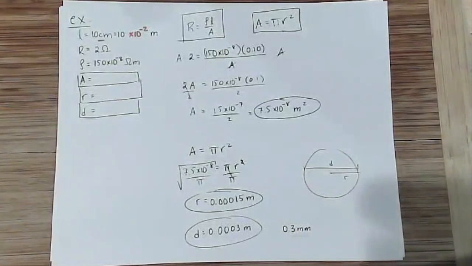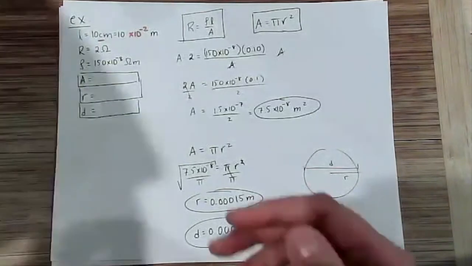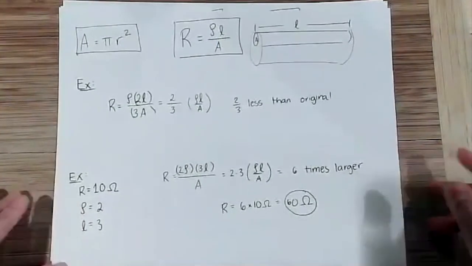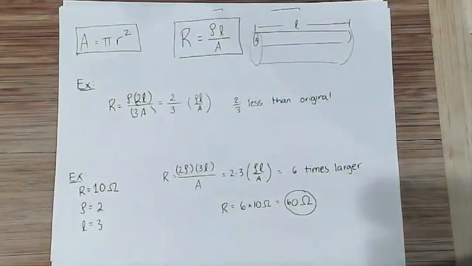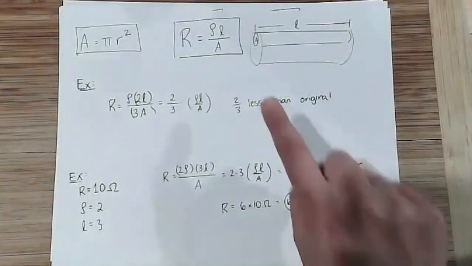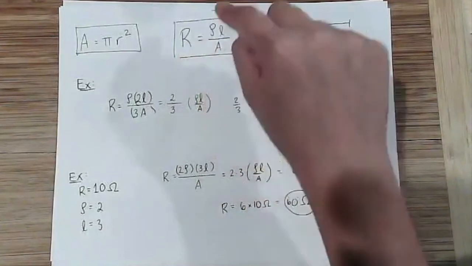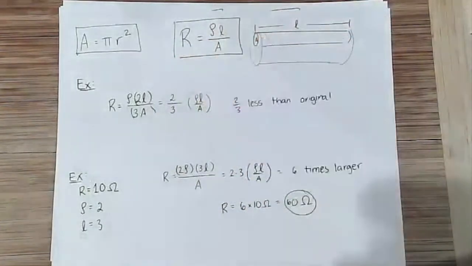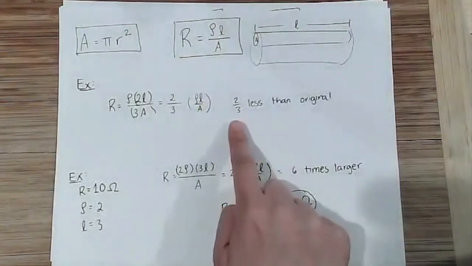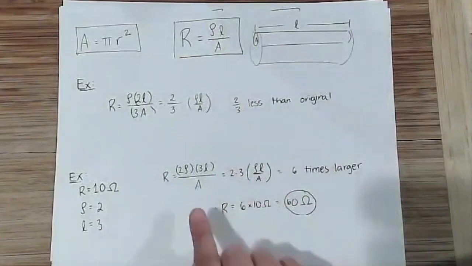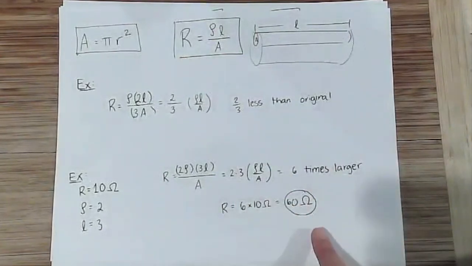So let us recap. If your class only needs to know proportions with this equation, then focus on the problems we solved on this page. We used the resistance is equal to rho L over A to find the proportions. And maybe we could use that to figure out the actual value of resistance.